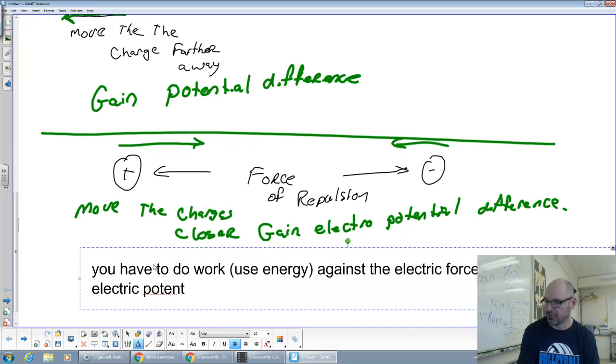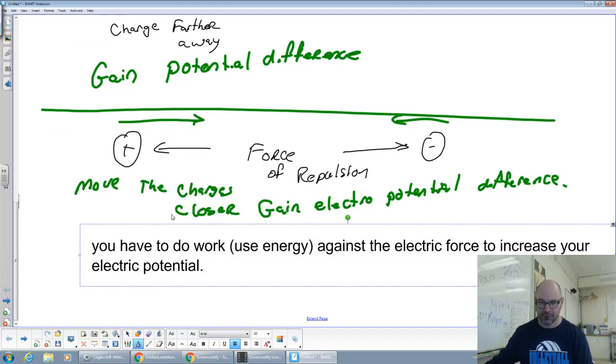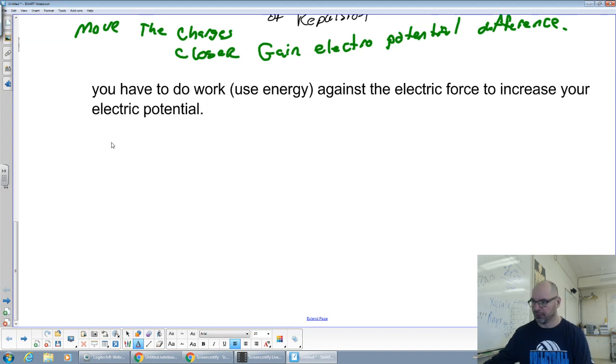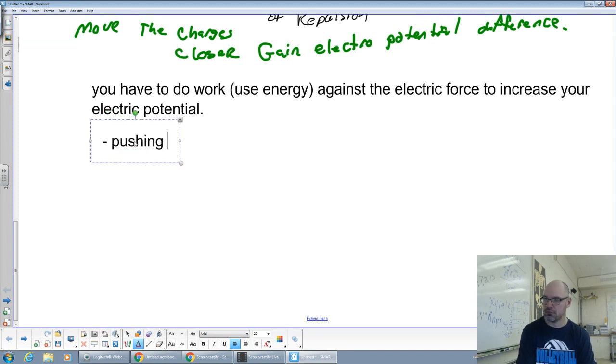So in our cases, if you push two like charges closer together, that would gain electric potential.